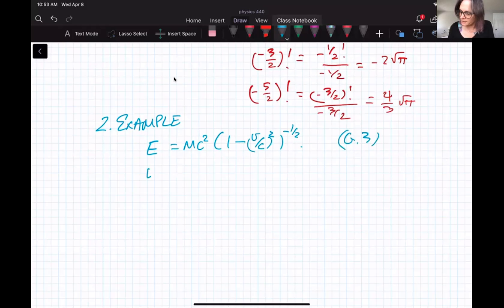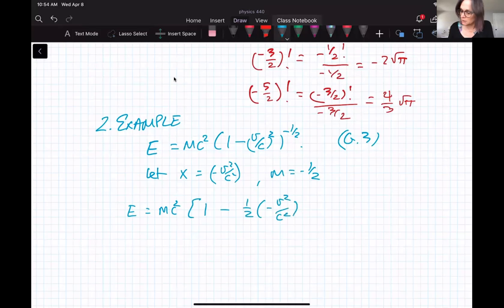All right, so if we let x be equal to minus v squared over c squared, and m be equal to minus 1/2, then if we do the binomial expansion of this, we'll get mc squared times 1 minus 1/2 times minus v squared over c squared plus minus 1/2 times minus 3/2 over 2 factorial times minus v over c to the 4th, and so on.